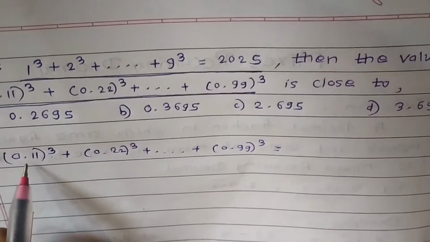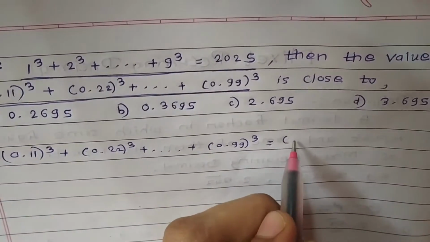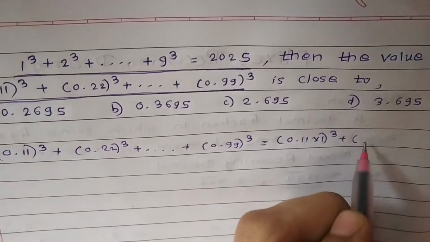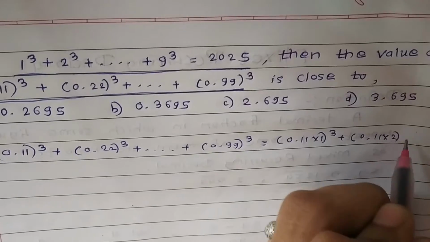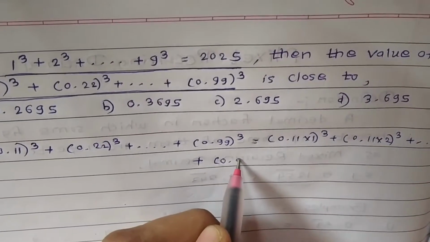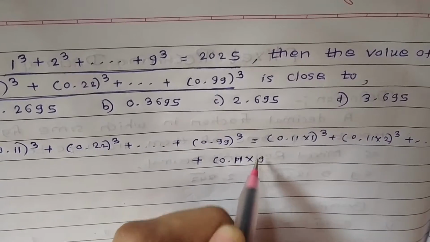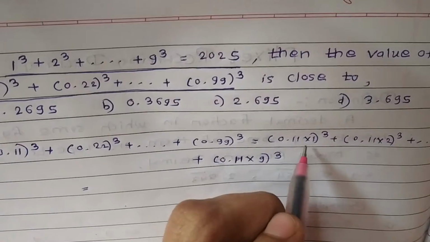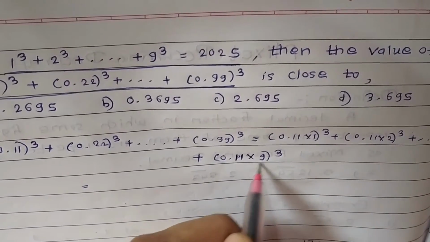Here you can see that it can be written as (0.11 into 1) whole cube plus (0.11 into 2) whole cube plus so on plus (0.11 into 9) cube. You can take 0.11 cube common from all these numbers.